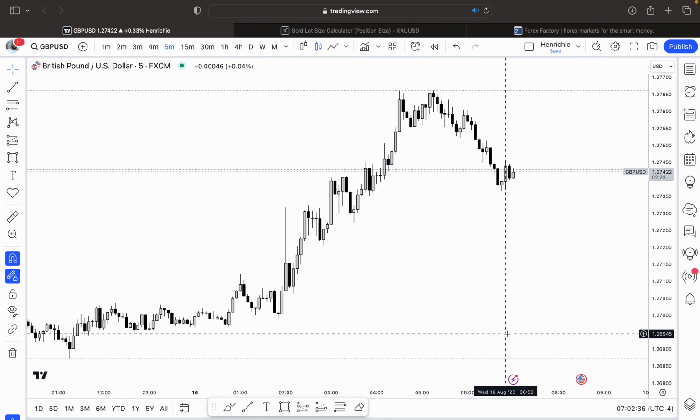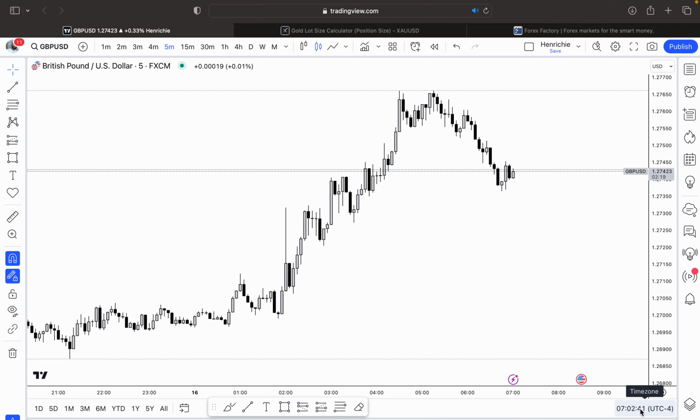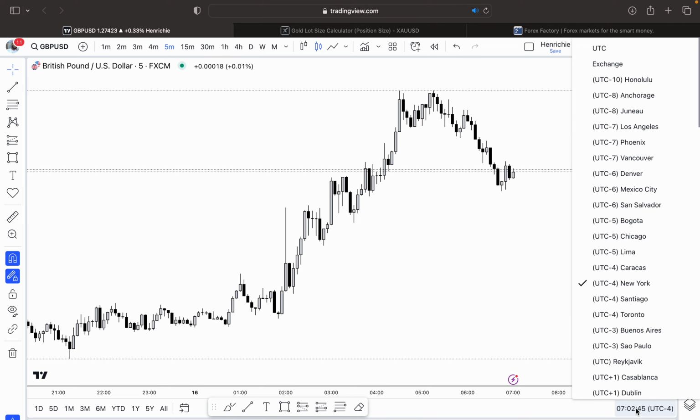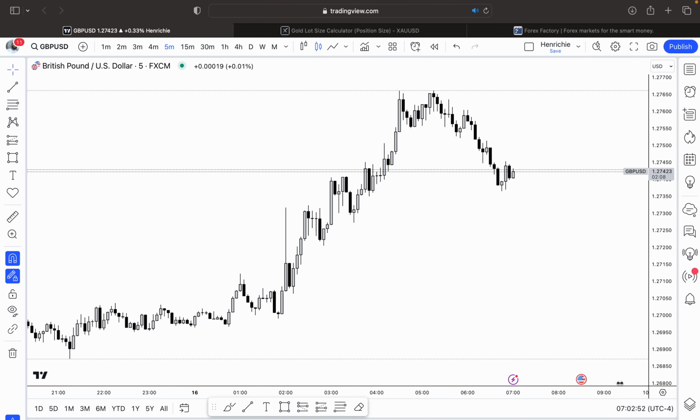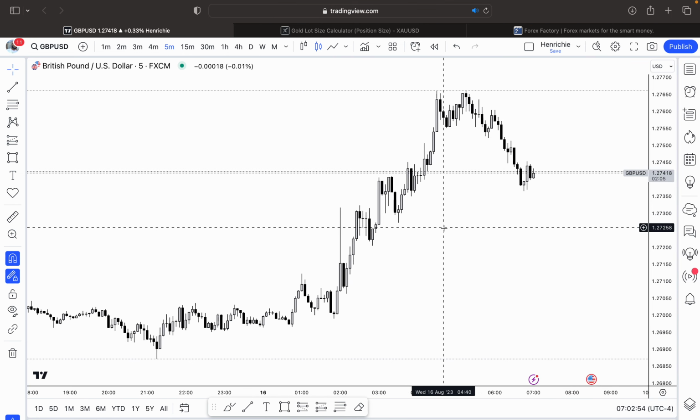This candle was 6:50. So another thing to take note of, my time right here is New York time. So it will be best if you click on this, you look for New York, and you tap on it and set your time to New York time because I'm trading with the New York time.